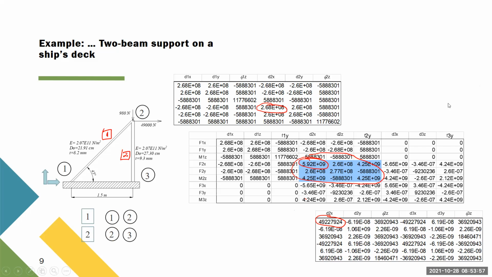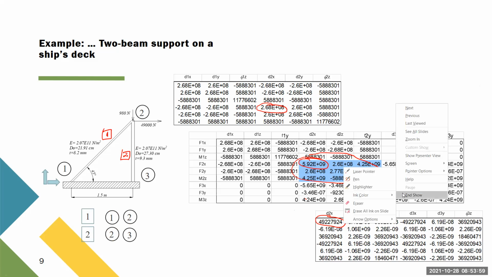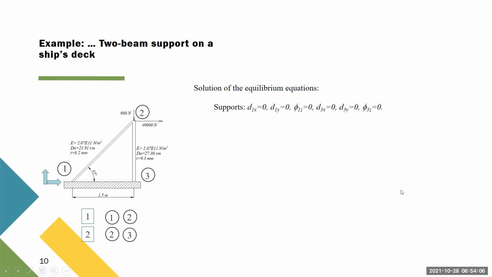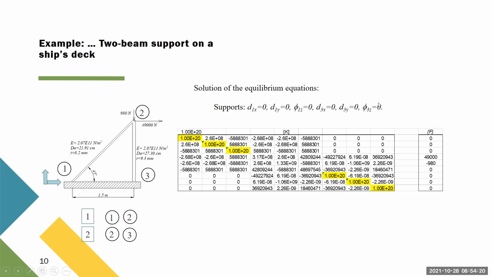If there is something which you don't get immediately, we don't try to solve it right there. Now, we have to solve it. So these are the supports or the boundary conditions. There are enough boundary conditions to take the singularity out. The first joint doesn't move, doesn't rotate, similarly for the third.